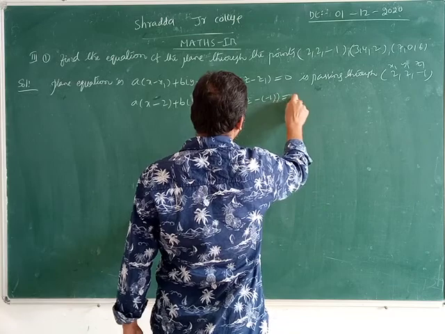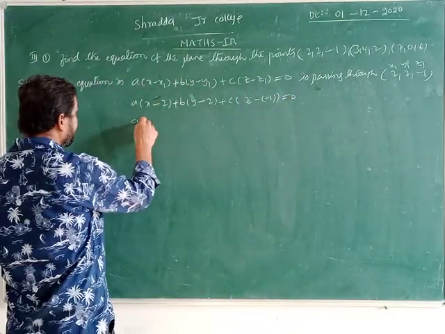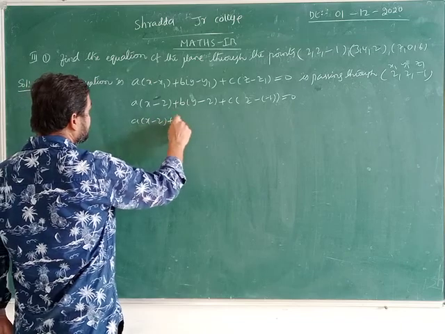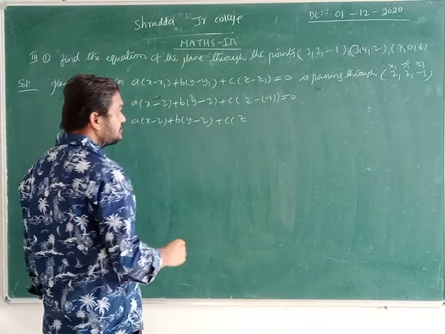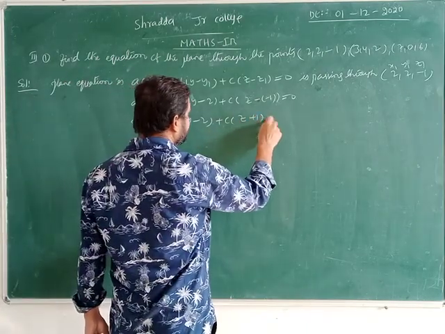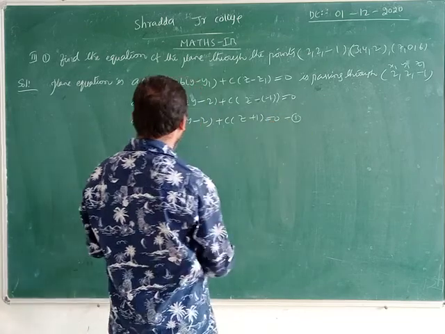Minus 1 is equals to 0. See now, A into x minus 2 plus b into y minus 2 plus c into z minus into minus, that is plus 1 equals to 0. Take this equation number 1.